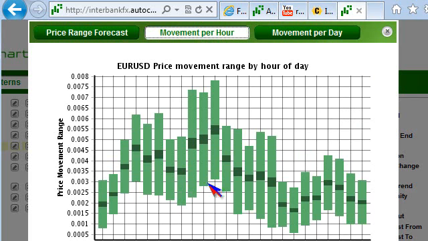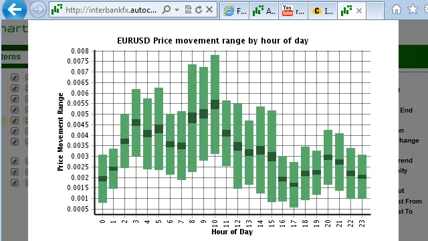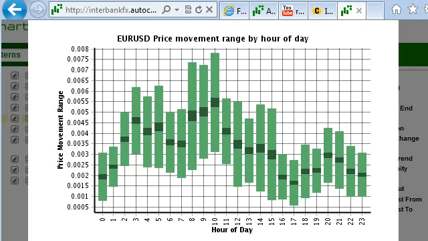So movement per hour, 24-hour day. Very similar, right? That ramp up into London, or I should say Paris, Frankfurt, London. Ramp up into that. The drop as Asia leaves, waiting for the U.S. The pickup with the U.S.